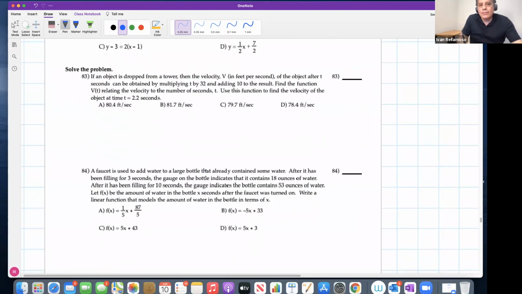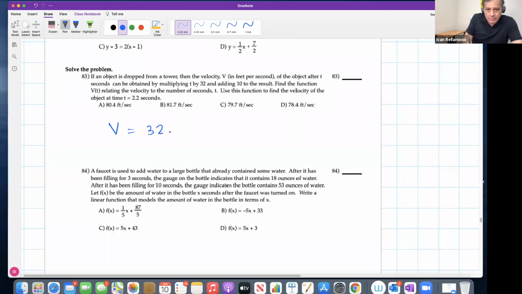Now let's make sure we go over all the forms here on the questions related to modeling. So for example, here the first one says, if an object is dropped from a tower, sorry, then the velocity v in feet per second of the object after t seconds can be obtained by multiplying t by 32.